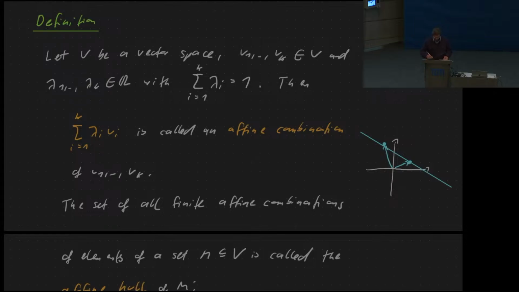For example, let's start with taking just this vector here. Then, of course, we get 1 point on the line. Right? So this is vector v1. This is v2. So this point here is 1 times v1. This point here, of course, is 1 times v2, right? That's simple.